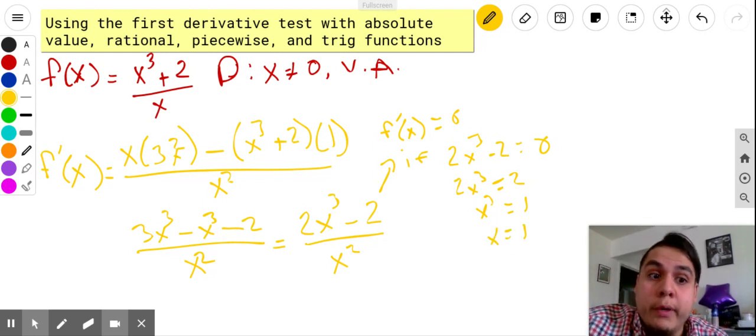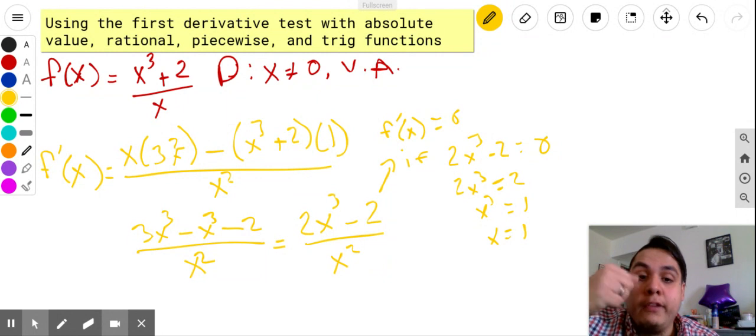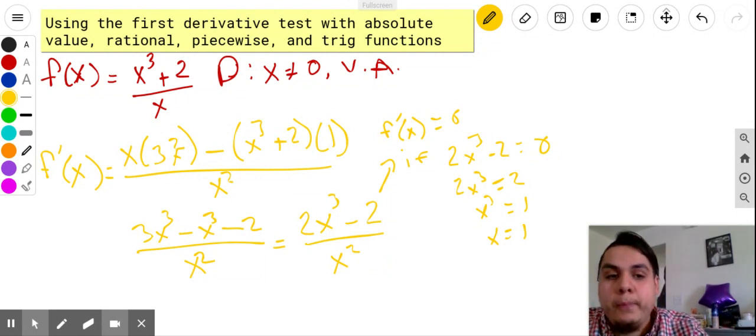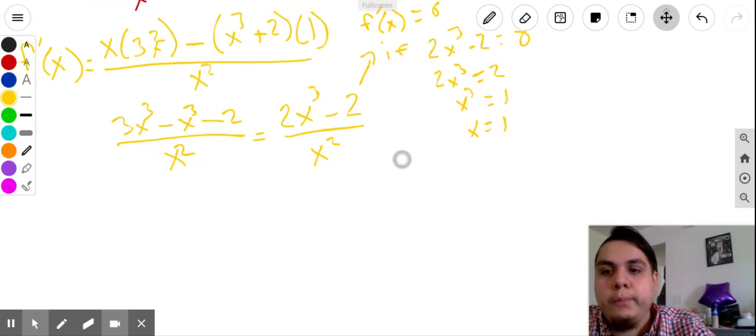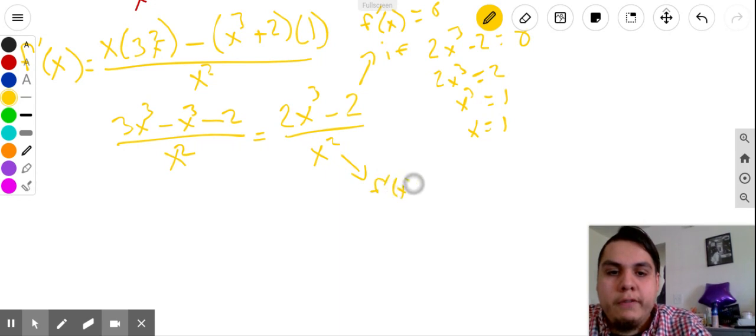So that's one of my critical numbers. Now, if we look at the denominator, let's give ourselves a little more room. The derivative will be undefined if the denominator is equal to 0.